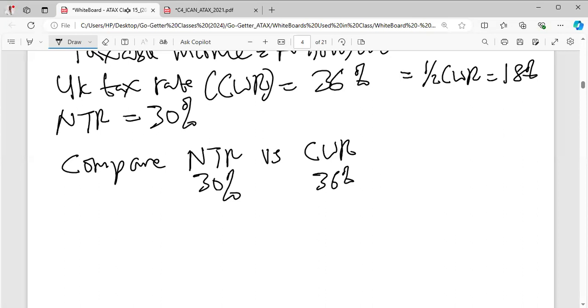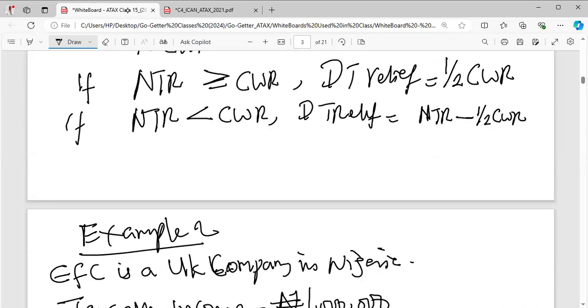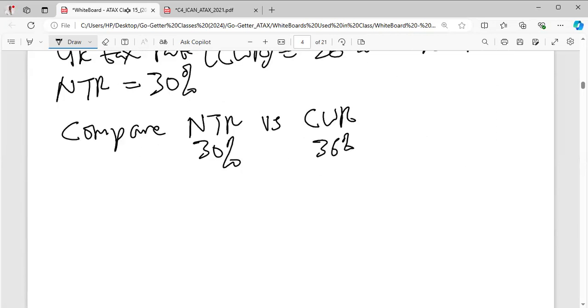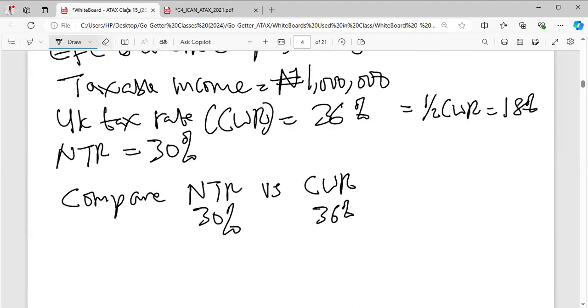So now you see here, we said if this is smaller, okay, I want to use when this is bigger. Let me change the rate. Let me say this is 26% instead of 36. Then this should be 13%.